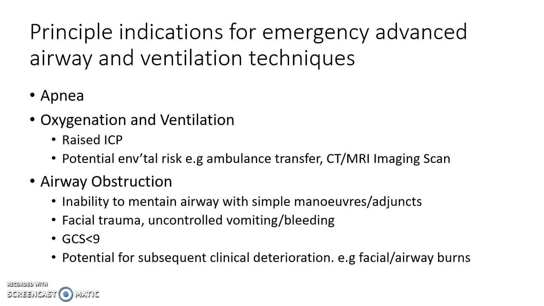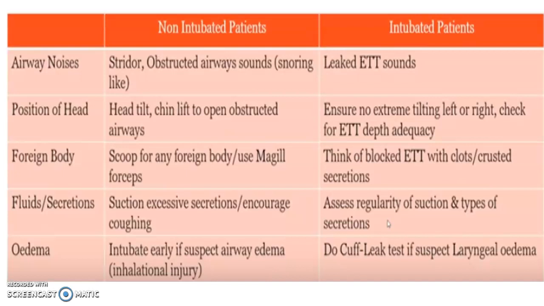Also if there is any airway obstruction, inability to maintain the airway with simple maneuvers, especially chin lift and jaw thrust maneuver. The other is for any facial trauma, uncontrolled vomiting, or bleeding. The other is for those who have a lower GCS, less than 9. Potential for subsequent clinical deterioration, like facial or airway burns. So if this patient has subsequent deterioration, you have to put the patient on an oral airway or nasal airway.